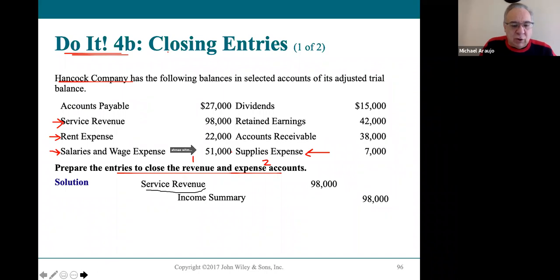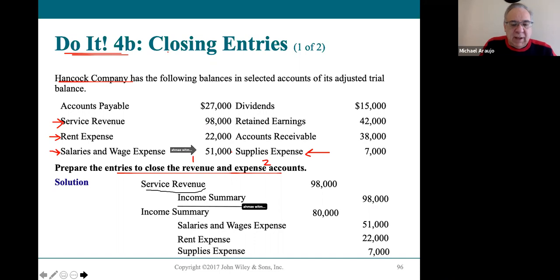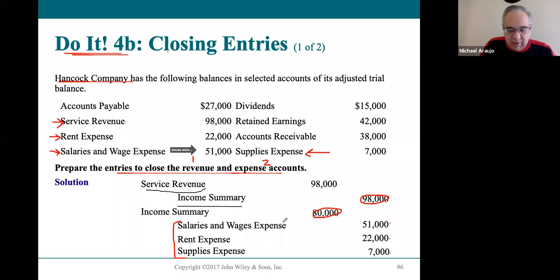And so what you show here in the book is your income summary has the total expenses. This 80,000 is the total expenses. Okay, just like this 98,000 is the total revenue. Each individual expense account is credited to bring its balance to zero. Okay, so step one, close revenue account to income summary. Step two, close each individual expense account and move the total to income summary.